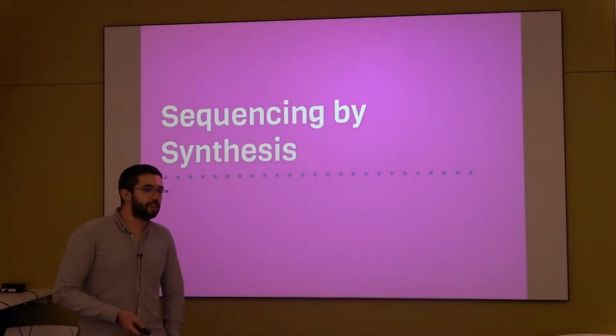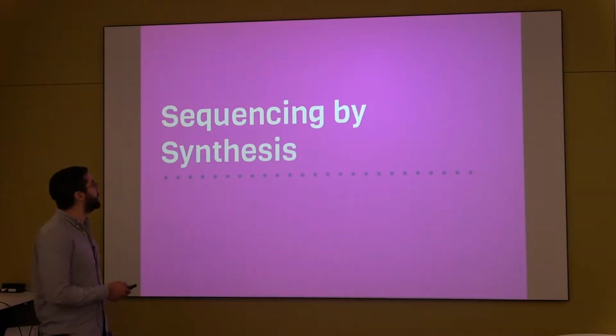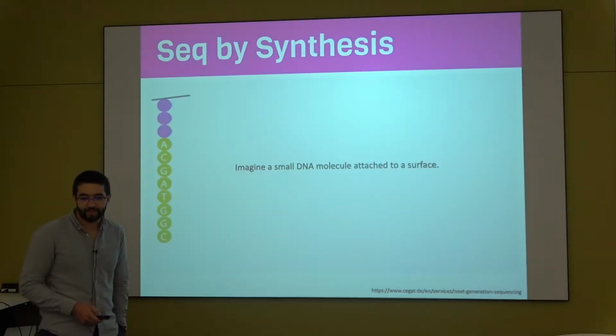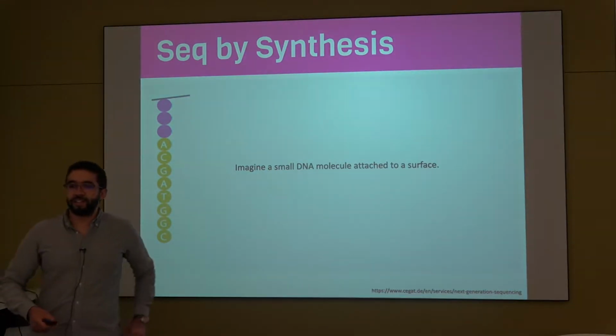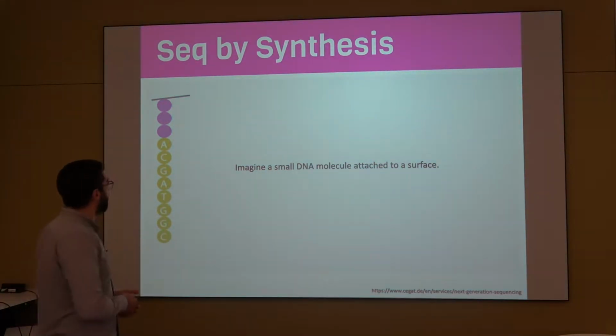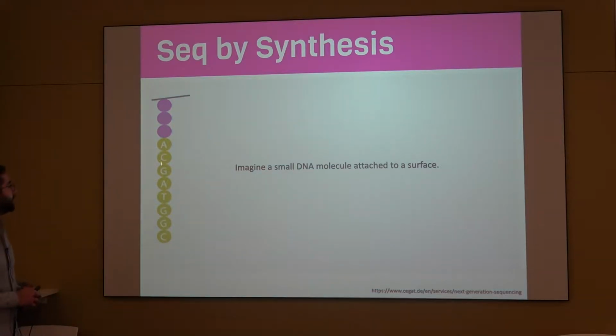So the methodology that people use for sequencing most often, and most cheaply, is called sequencing by synthesis. To begin, just imagine a small DNA molecule attached to a surface. And so you have DNA here, coming directly from the cell.